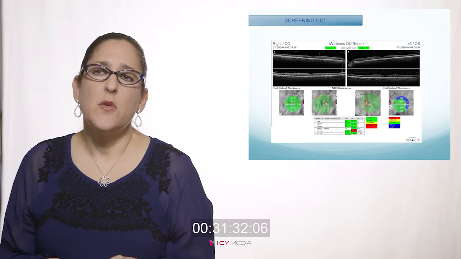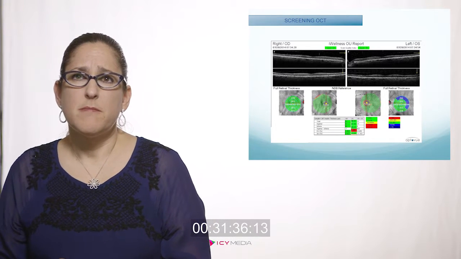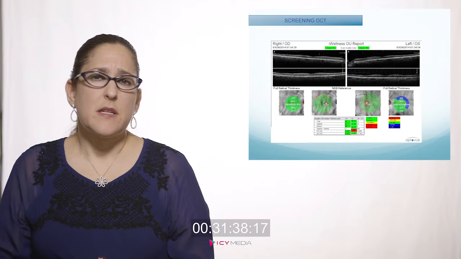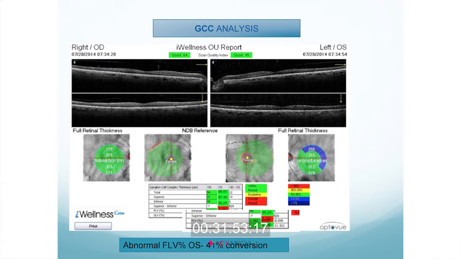We get the screening OCT. We can see here that the B-scan images look normal, but the GCC is a little abnormal. And you can substantiate that by looking at the FLV. It shows you that it's red. Okay, so if you were thinking maybe it looks okay, look at the FLV and you can see that it's abnormal. And you can also see that the retinal thickness map is abnormal there, which correlates with the GCC.